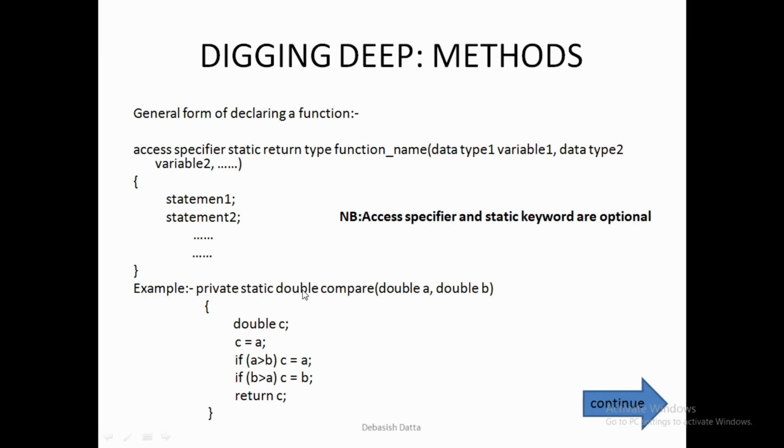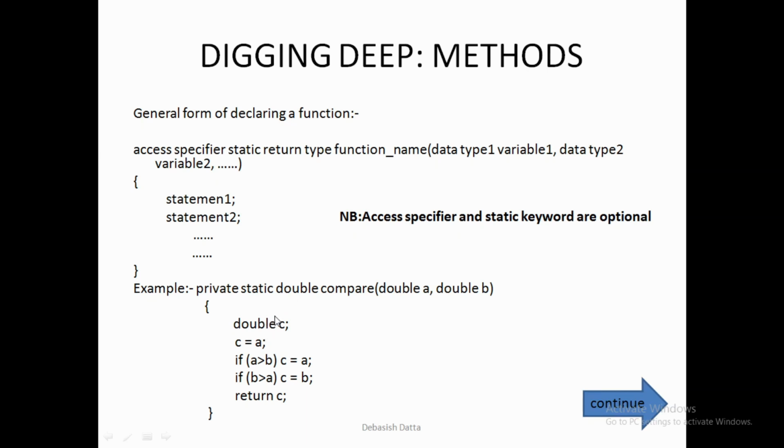What it means is that after the execution of this compare function, it is going to return a double value. Hence this return statement is there at the end of this function. After the return statement, one variable is there, C, whose data type is double.